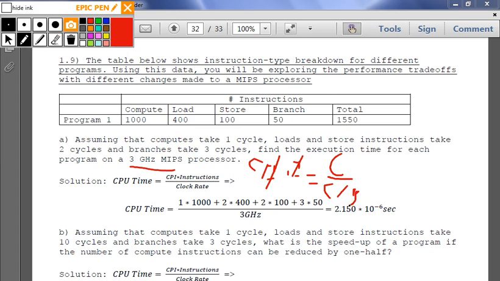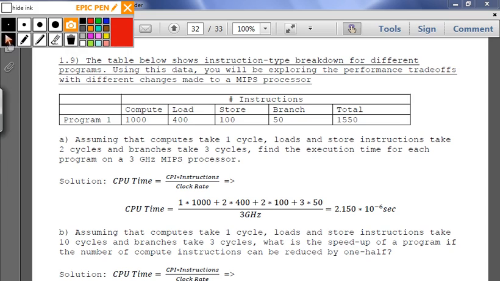Does that make sense? These are going to cancel out. It becomes 1 over 1 over seconds, which is now our execution time. So by using our knowledge of that, we were able to derive the equation.